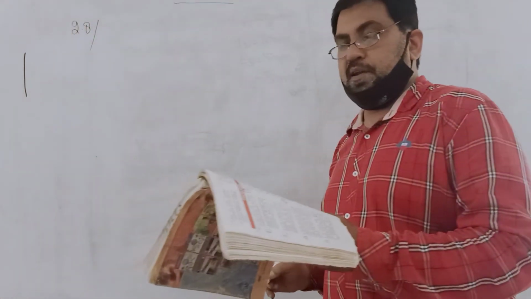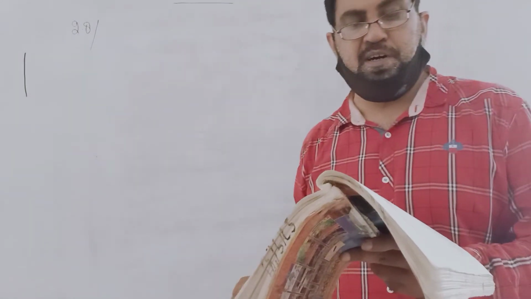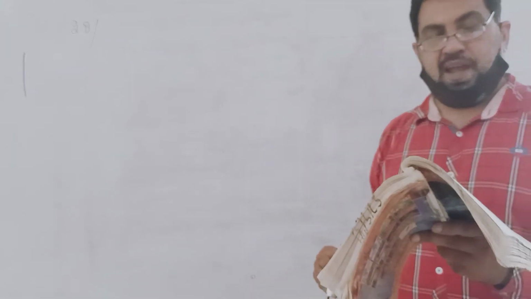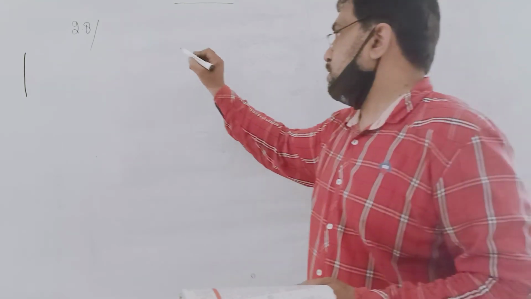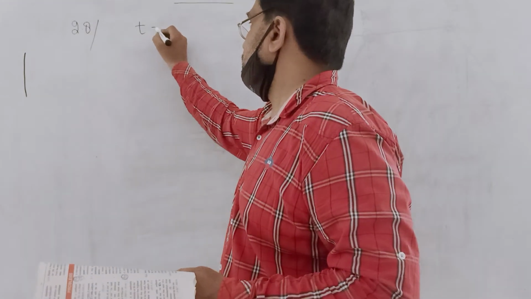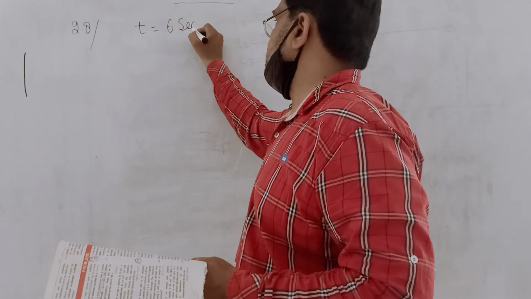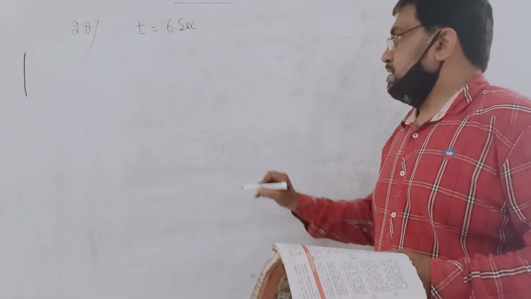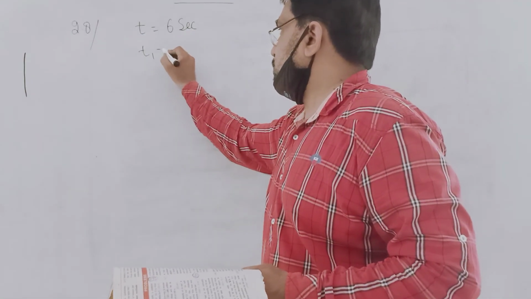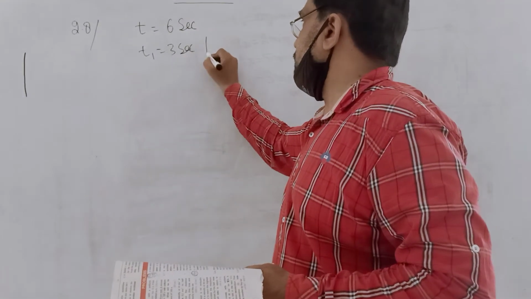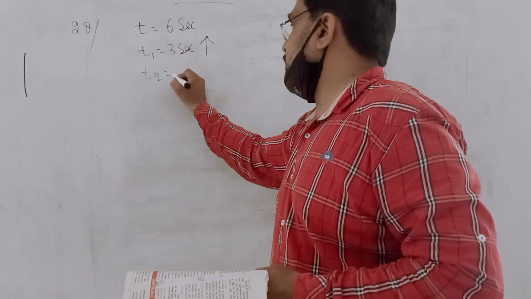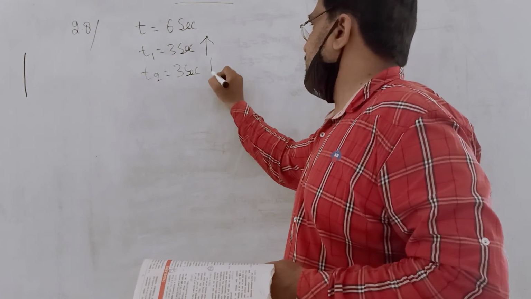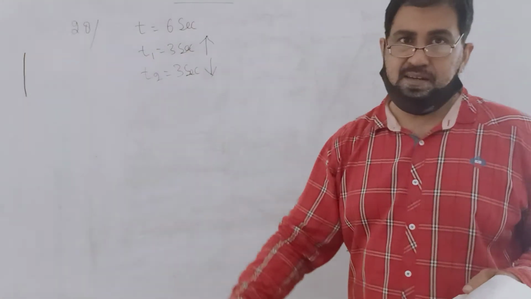A cricket ball is hit vertically upward and returns to the ground 6 seconds later. Total time is 6 seconds. T1 is 3 seconds when the ball goes in the upward direction, and T2 will also be 3 seconds when the ball comes back in the downward direction.